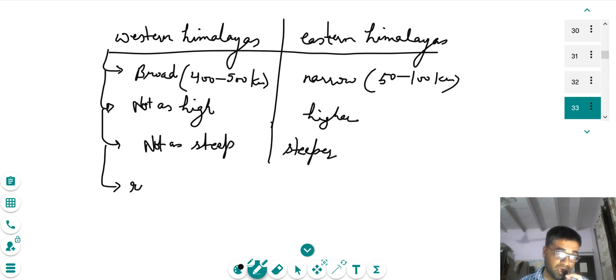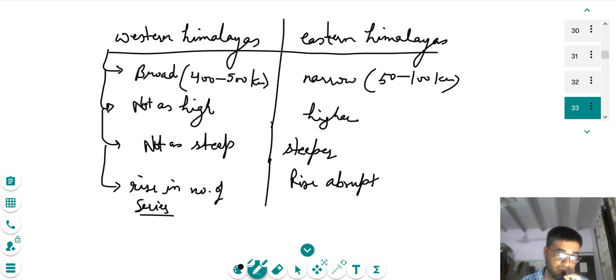The Western Himalayas rise in a number of series, just like we saw that there are Pir Panjal, Dhauladhar, Shivalik, and all those ranges. So they rise in a number of series. Eastern Himalayas do not have many series; they rise abruptly, right?